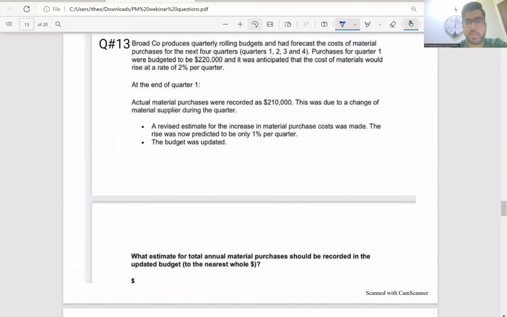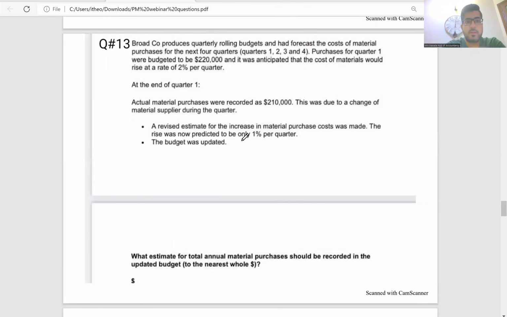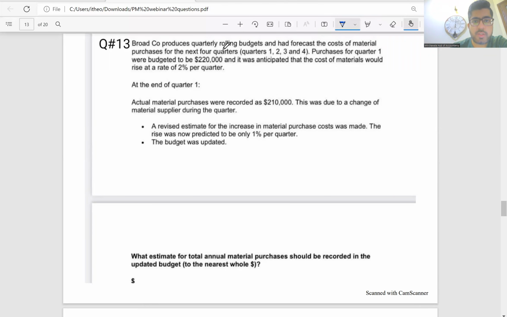Okay, now MCQ number 13 relates to another topic of rolling budgets, a very important area of the syllabus. The company produces quarterly rolling budgets. So the company makes quarterly rolling budgets and it forecasts the cost of material purchases for the next 4 quarters: 1, 2, 3, 4. Purchases in quarter 1 were budgeted to be 220,000.